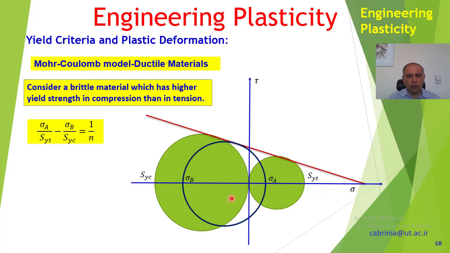Okay, so this is how we look at the Mohr-Coulomb model for the yielding of ductile material. I will talk about this later on to illustrate it for brittle material as well.